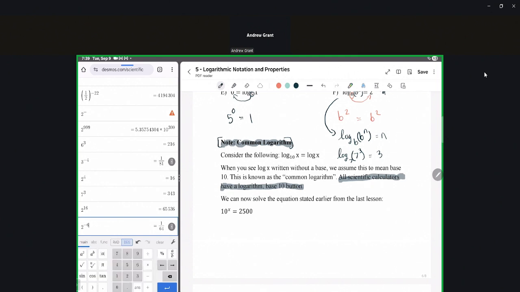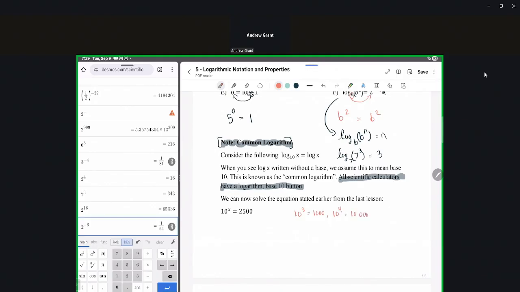So what's the point of this now? We can solve the equation that we stated from the last lesson. In the last video, I said if I want to solve 10 to the power of x equals 2500, I knew that 10 to the power of 3 was equal to 1,000, and 10 to the power of 4 was equal to 10,000.